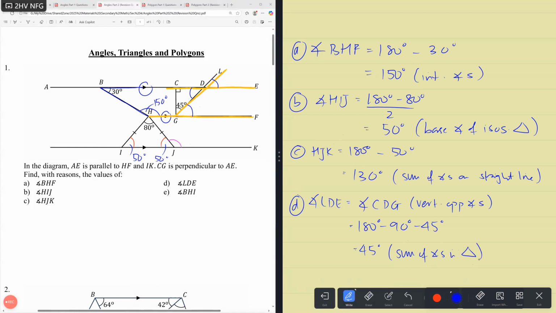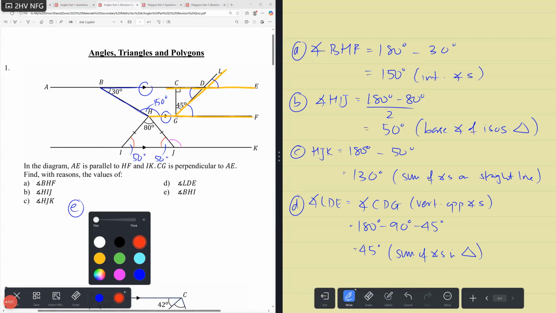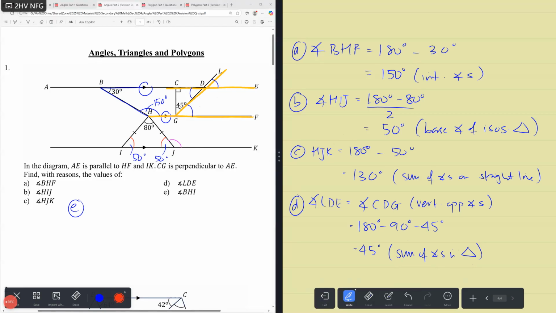Okay, last one, part A. Let me do the working here. BHI. Let's use my red pen and please trace the angle. BHI happens to be this one. This is angle BHI. That is our target.